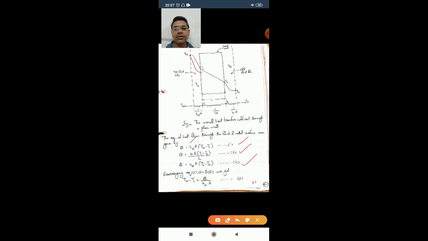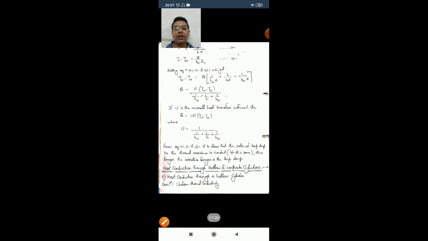After rearranging the equations in temperature form, that is THF minus T1 upon Q, and the other forms, and adding, we get again Q. After rearrangement I can write this, where U is the overall heat transfer coefficient.